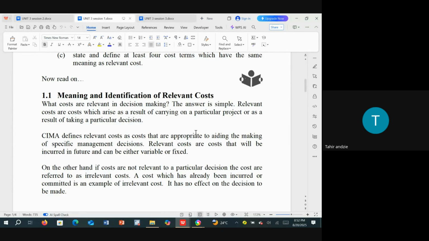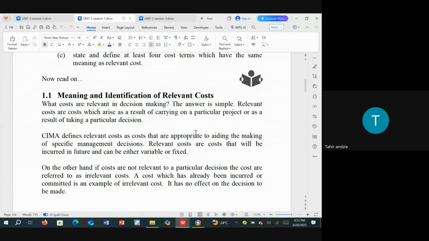So that is what we refer to as relevant cost. If a cost will arise, will be incurred, will increase or will change as a result of undertaking a particular project or taking a particular decision, then that particular cost is relevant.